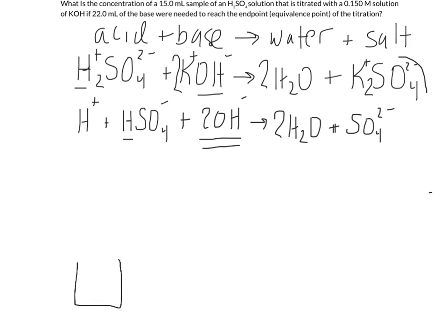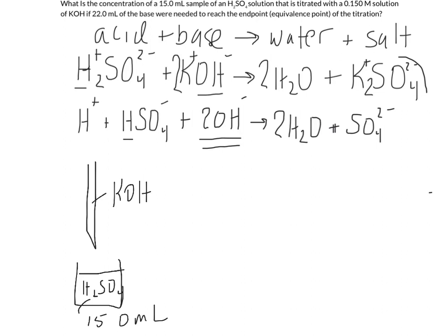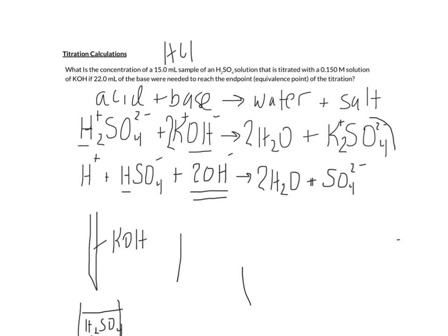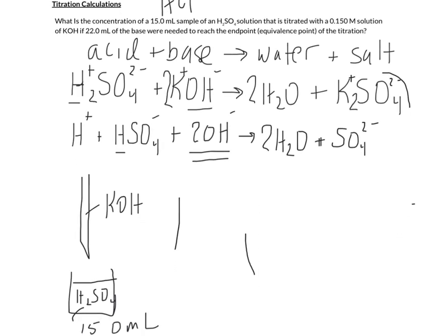If you have your solution of the H2SO4 below, and we're titrating in the base, KOH, what we're told is that we have 15 mL here, and 22 mL of the base is added.